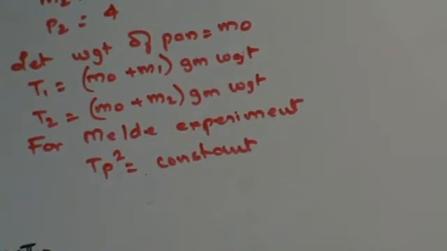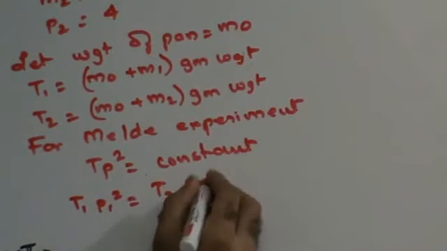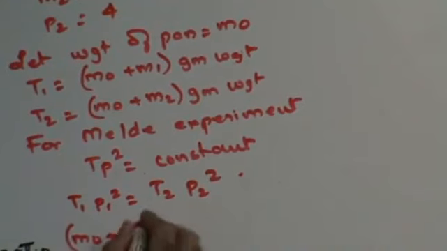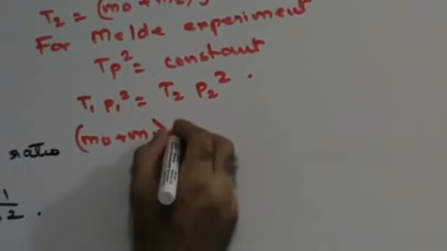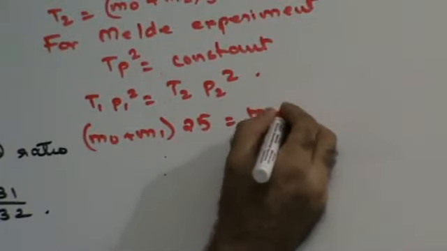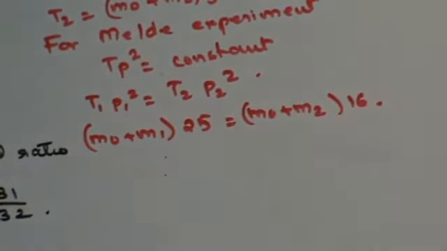So T1 P1 square should be equal to T2 P2 square, that is (m0 plus m1) into 5 square, 25, is equal to (m0 plus m2) into 4 square, that's 16.